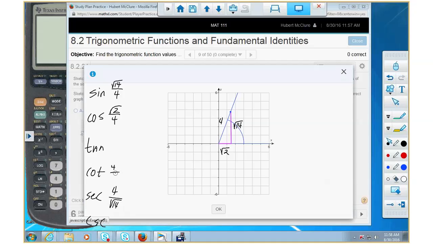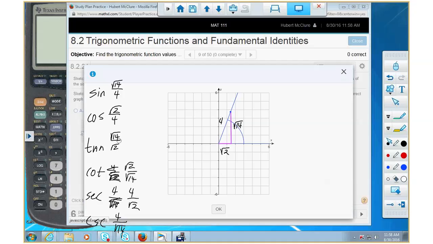Secant is 4 over square root of 2. Oops, I messed up, 4 over square root of 14, and 4 over square root of 2. And then the tangent, opposite over adjacent, so that's going to be square root of 14 over square root of 2. The cotangent is square root of 2 over square root of 14. And that one's okay.